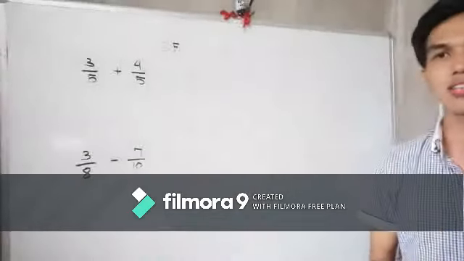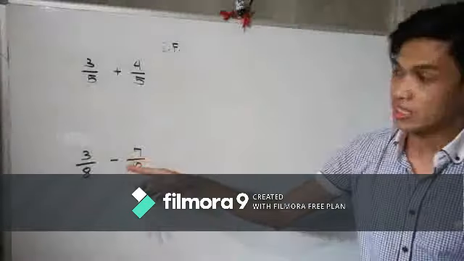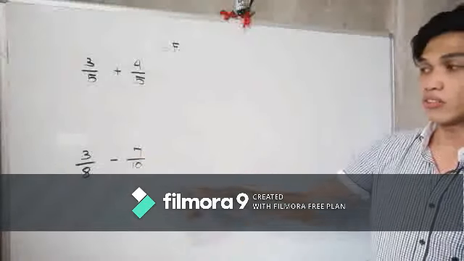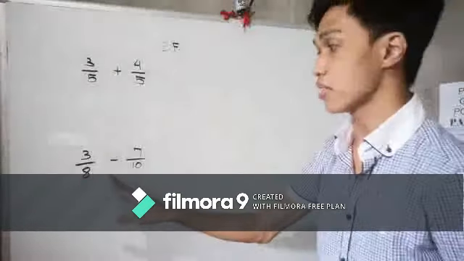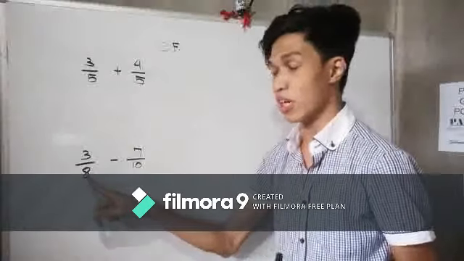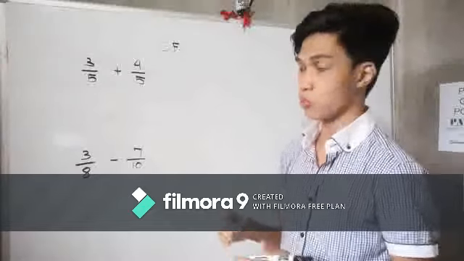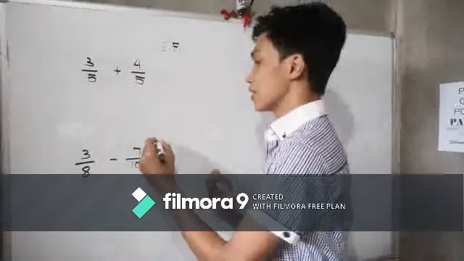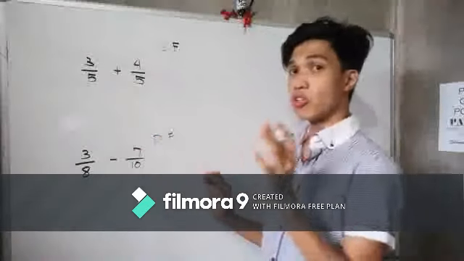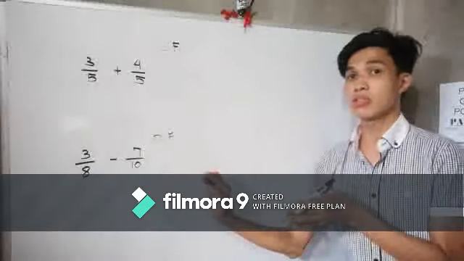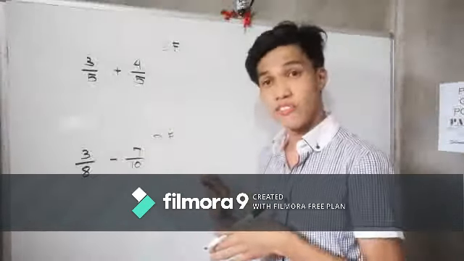For the second given, 3 over 8 minus 7 over 10, we have different denominators: 8 on the first fraction and 10 on the second. So we call those dissimilar fractions. Maybe you already know this part because this is also a topic from elementary. So this is just a review.